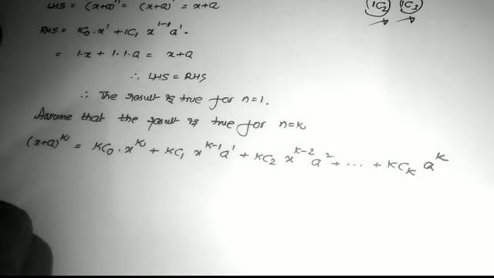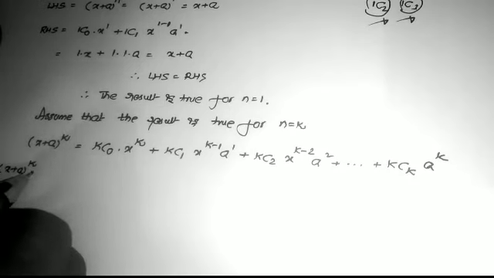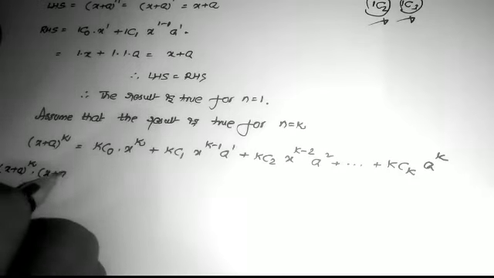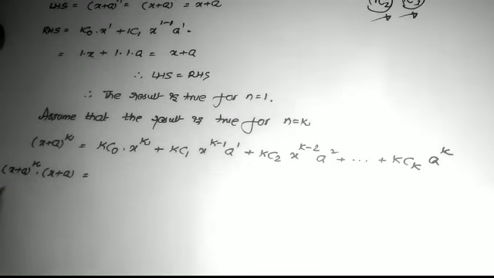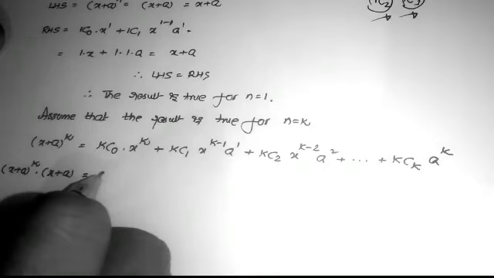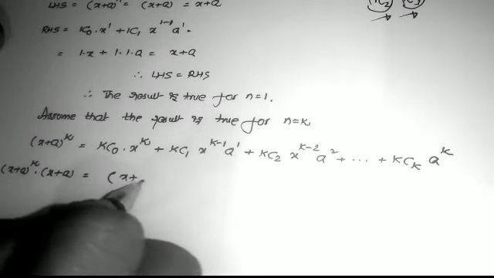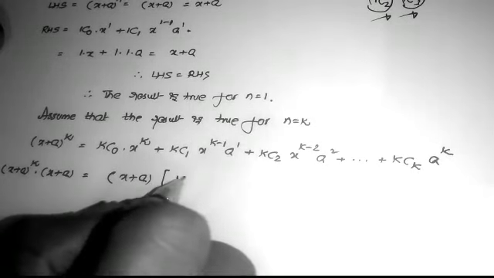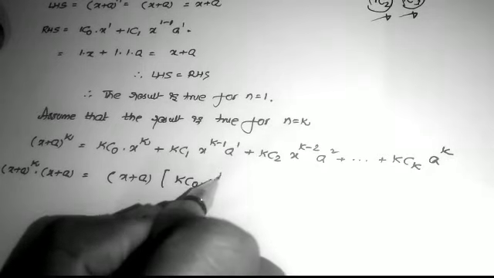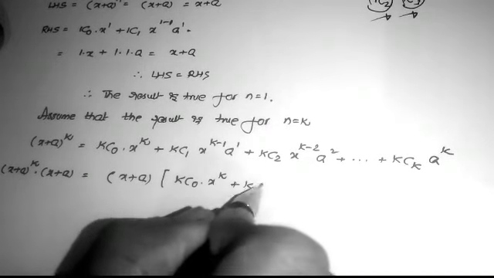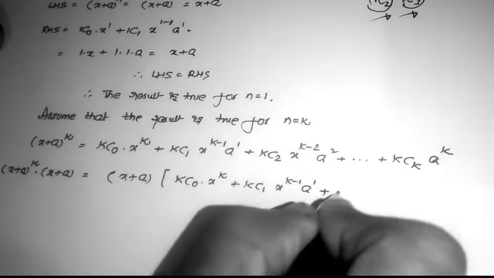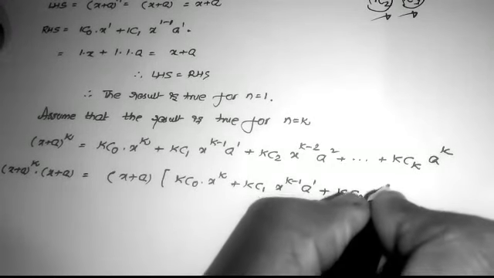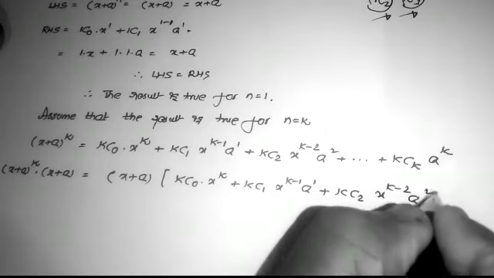So first, for that, I am multiplying this equation by the value x plus a on both sides. That is, x plus a power k into x plus a is equal to x plus a into kc0 into x power k plus kc1 into x power k minus 1 into a power 1 plus kc2 into x power k minus 2 into a square, and so on.